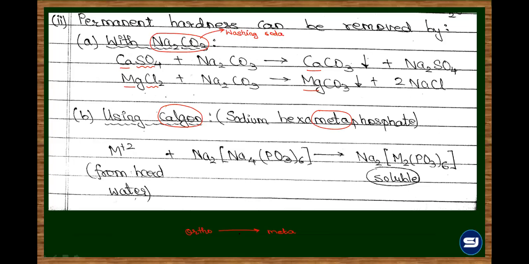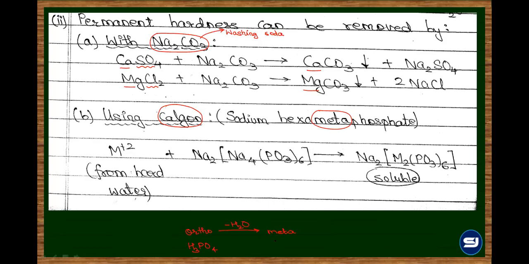So the IUPAC in the cyclic rings, I think so. No. Ortho acid and meta acid always differ by one water molecule. So if I talk about orthophosphoric acid, it is H3PO4.